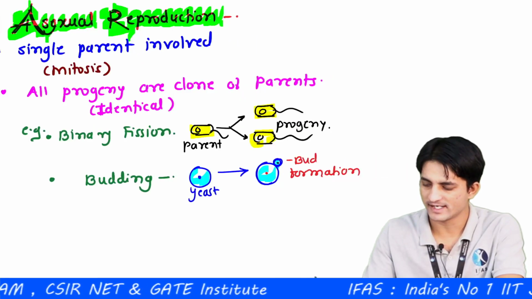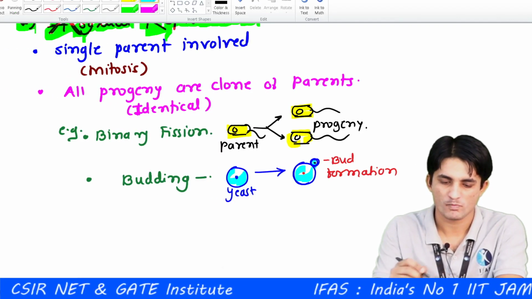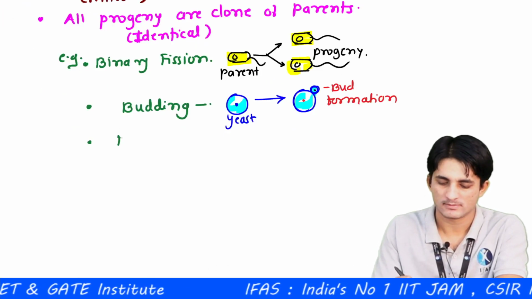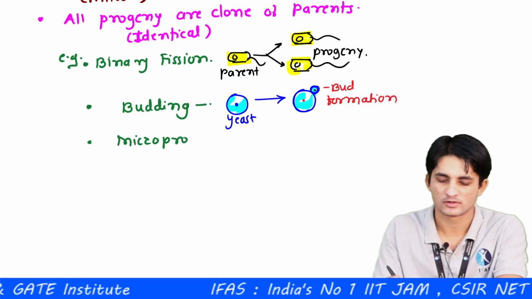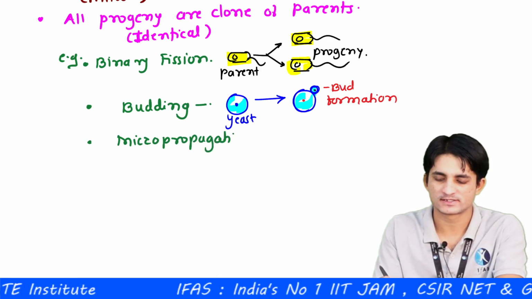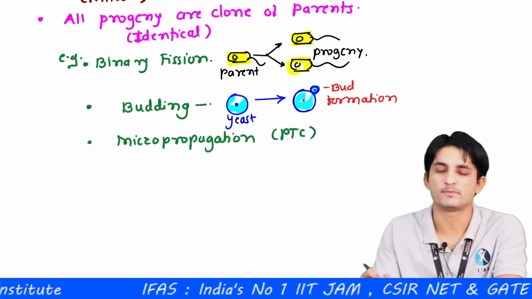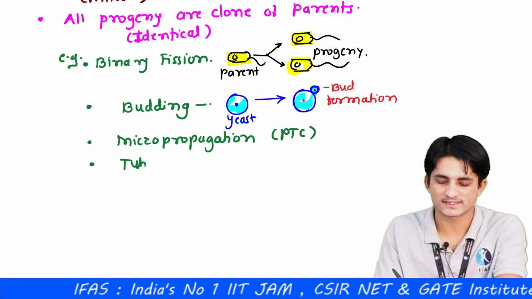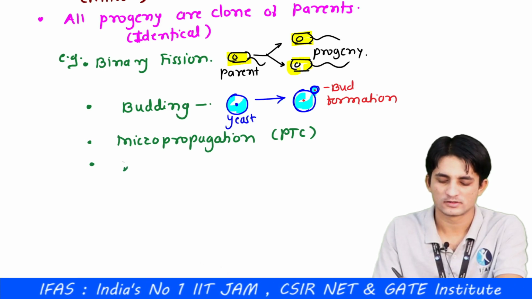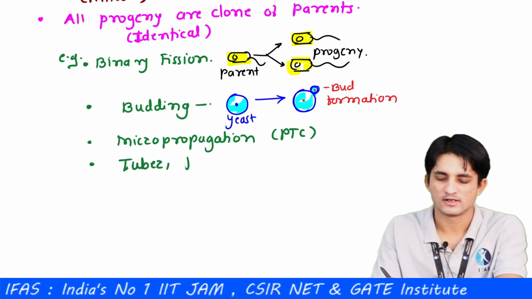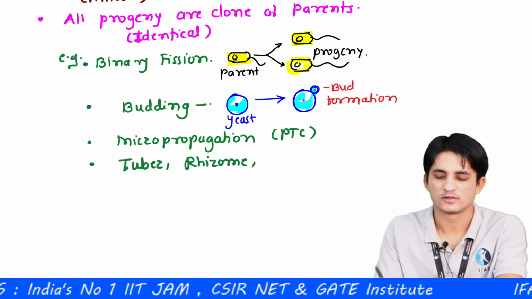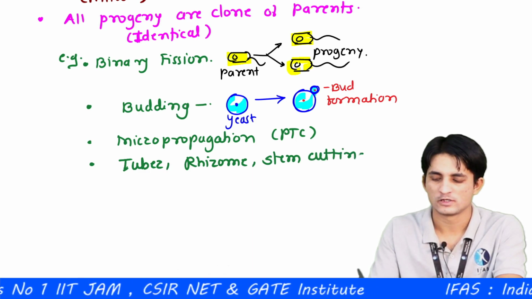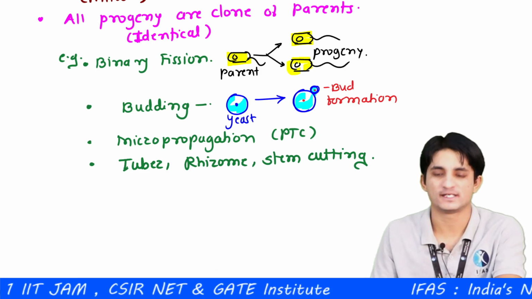Then as well as there is micropropagation, in which we produce the plant in plant tissue culture, that is also an asexual type of reproduction, as well as tubers, then rhizome, then stem cutting. So these are also the ways of asexual reproduction.